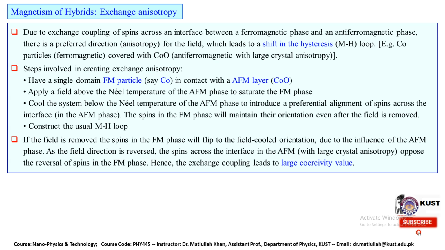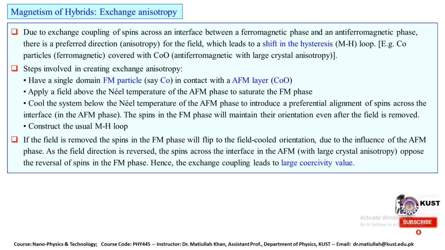It needs a single domain. We apply a field above the Néel temperature, cool the system below the Néel temperature of the AFM phase to introduce preferential alignment, and finally construct the usual MH loop.